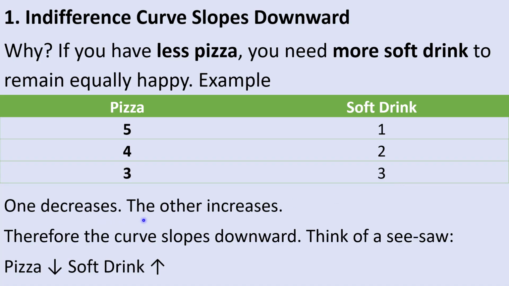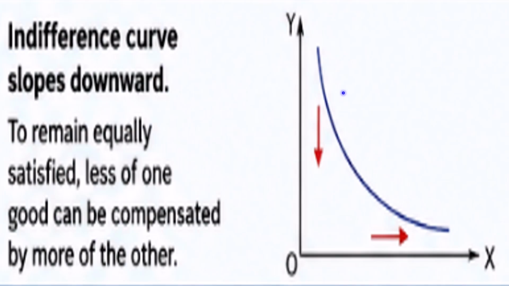One decreases, the other increases. Therefore, the curve slopes downward. Think of a seesaw: pizza going down, soft drink going up. The indifference curve slopes downward. To remain equally satisfied, less of one good can be compensated by more of the other.